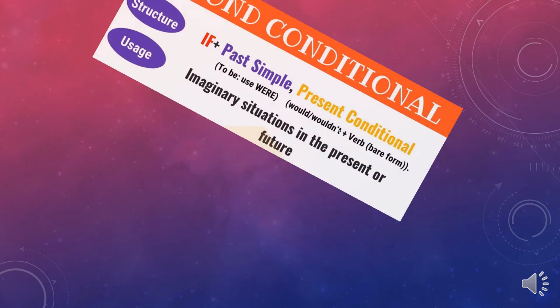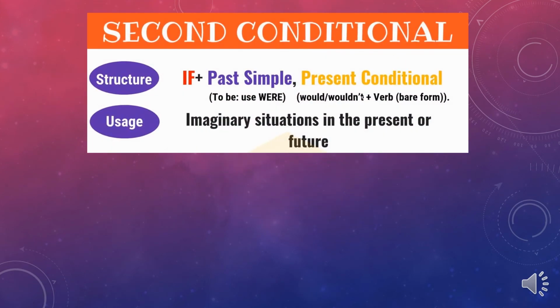So now the other topic is second conditional, okay? What is the structure? As you can see, you have the if plus past simple plus present conditional. La estructura es el if más el pasado simple, que en el verbo to be usamos el were, okay?